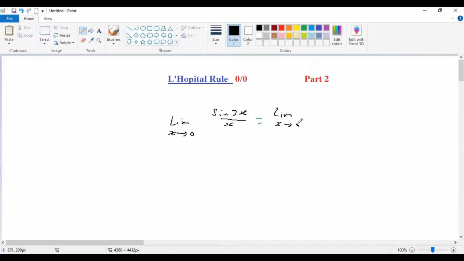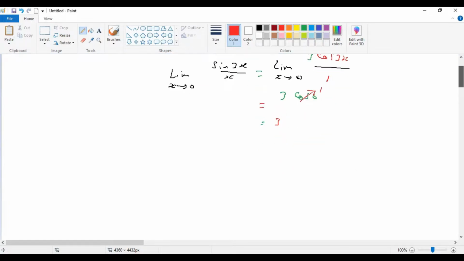The derivative of sine 3x is cosine 3x times the derivative of the angle, which is 3, over the derivative of x, which is 1. So now we have 3 multiplied by cosine 0, and cosine 0 is equal to 1. The answer is equal to 3.